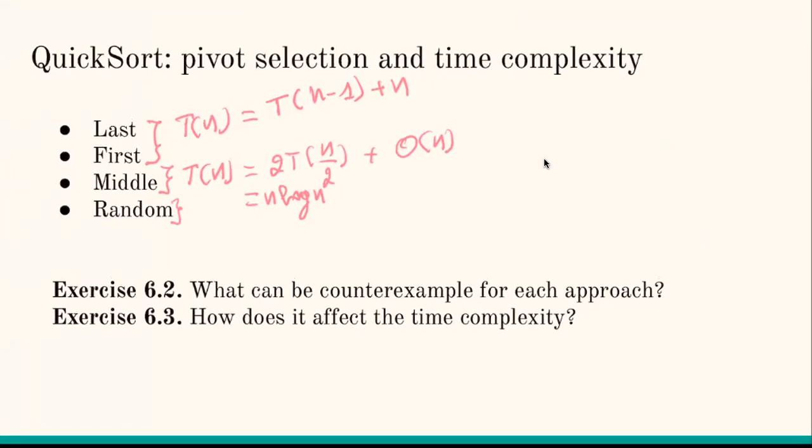Since there is a higher probability of randomly choosing the pivot in the middle, you have the recurrence relation that gives us two subproblems of size n divided by 2, plus n, which is n log n. So even in the random case, most likely we will fall into that path. Is it clear for everybody?